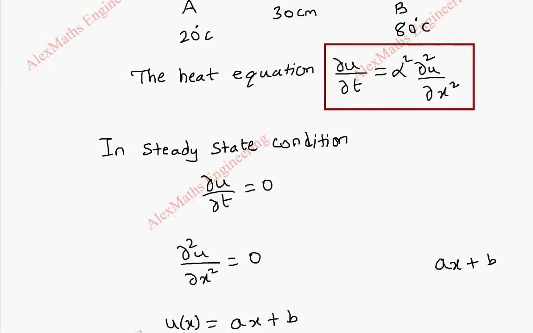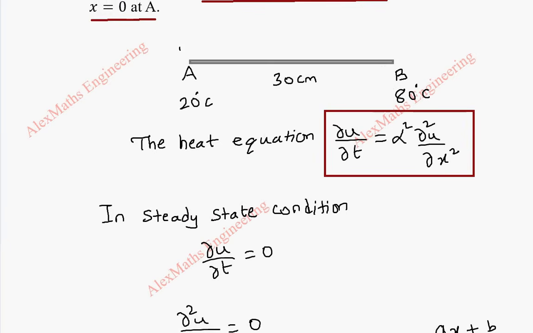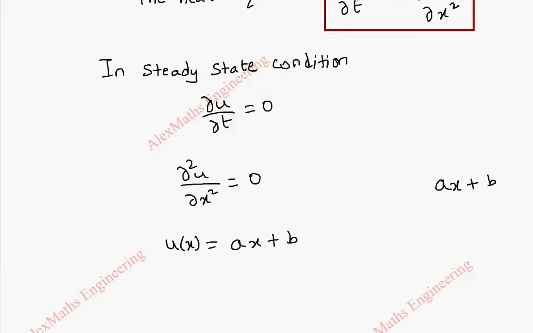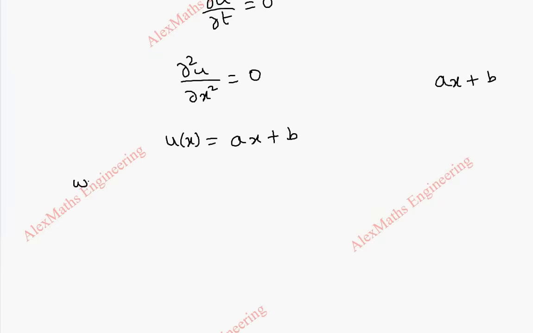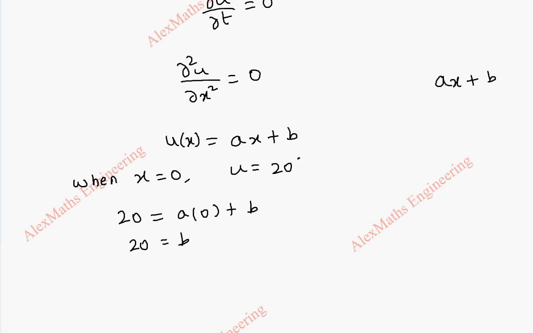Now when x is 0 at A, the temperature is 20 degree. So when x equal to 0, u equal to 20. So 20 equal to a into 0 plus b. So 20 equal to b. So I got the value of b now.